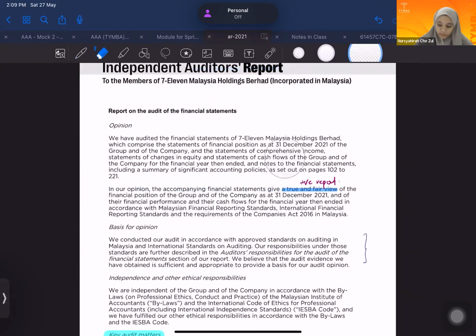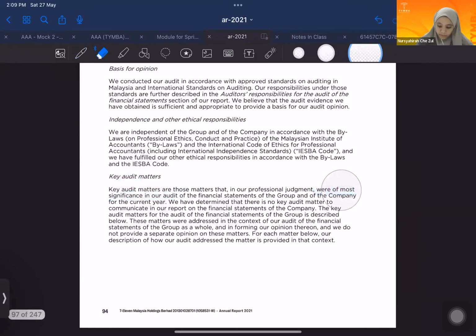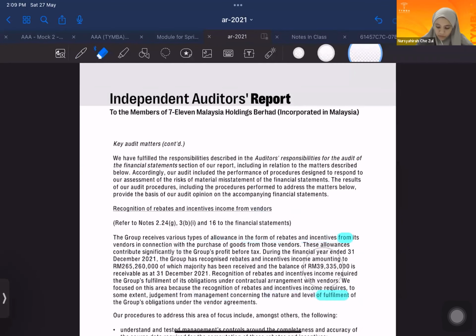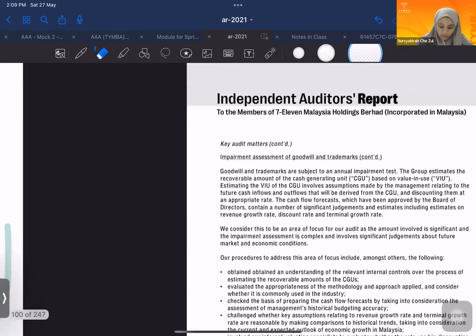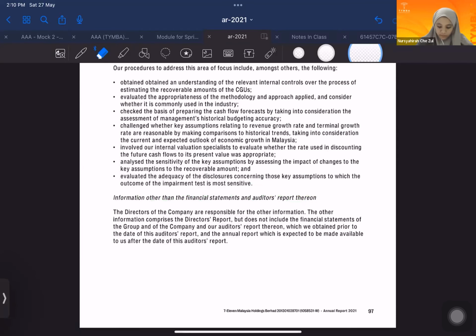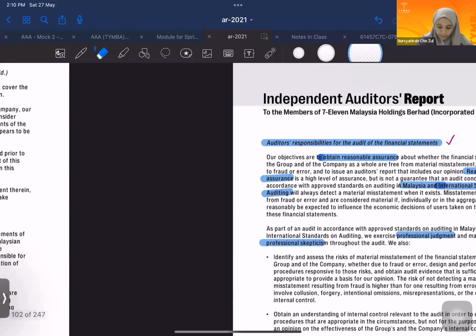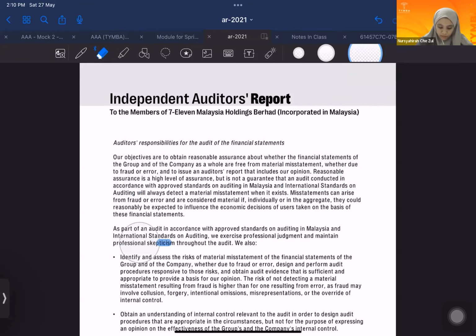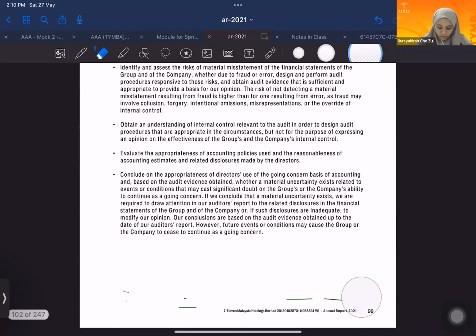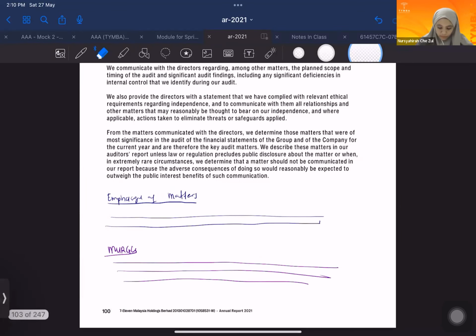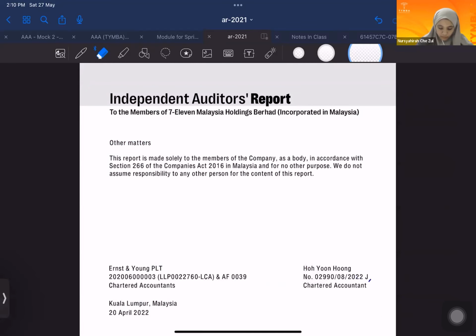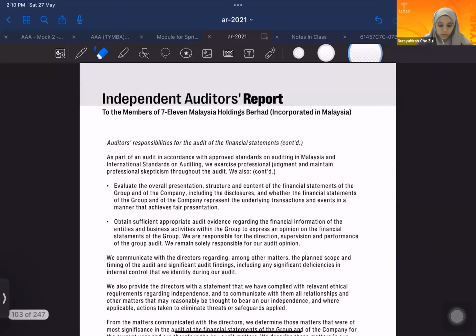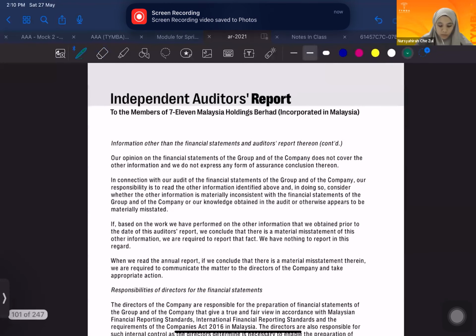So this is the audit report, right? The part we learned just now relates to this part only.